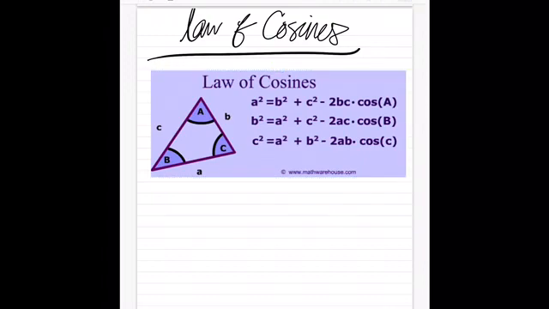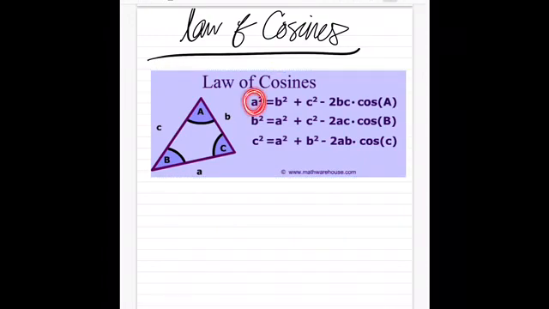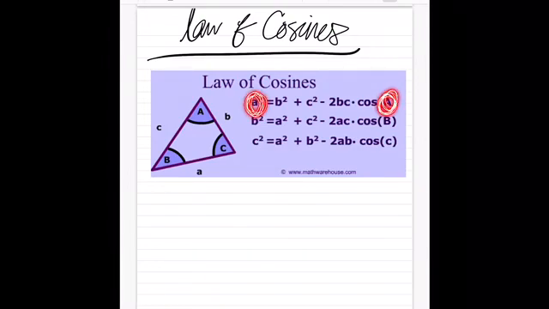What you really need to look at is that sides are lowercase, and this side corresponds to the angle, just like we did on law of sines. So side A goes with angle A. Side B goes with angle B. Side C goes with angle C. The same thing works for law of cosines.